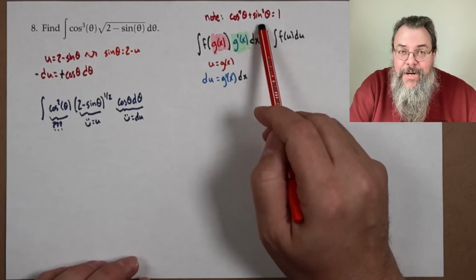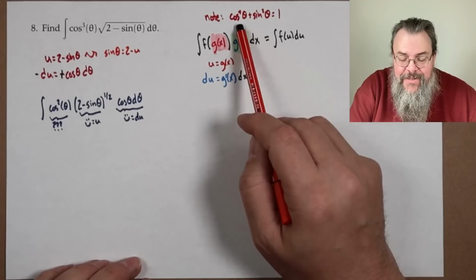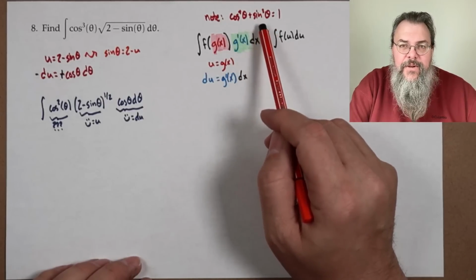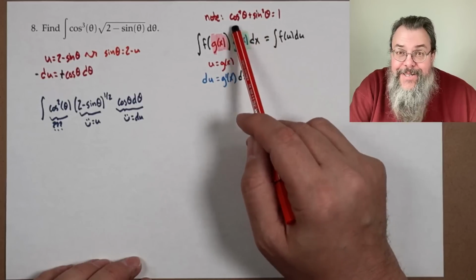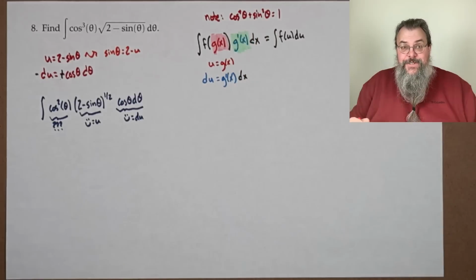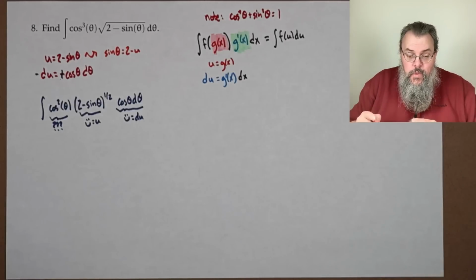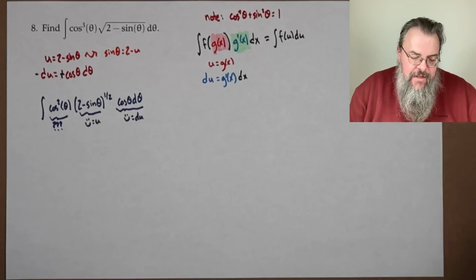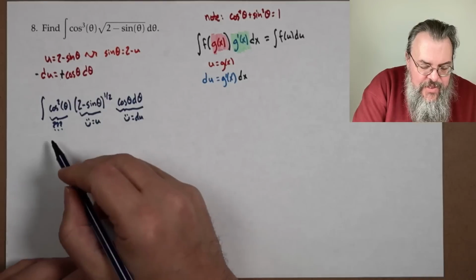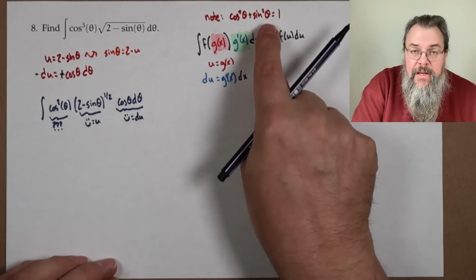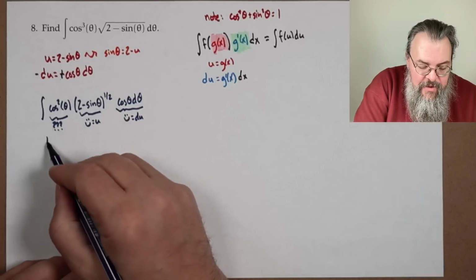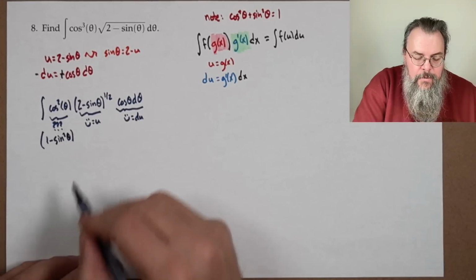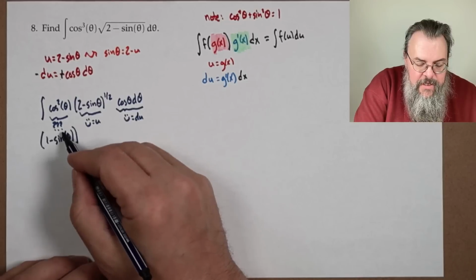A sine squared is basically a cosine squared, and vice versa. Ooh, so this suggests a plan. The plan is that this cosine squared, we can replace by 1 minus sine squared. Good, we're starting to fill it in.